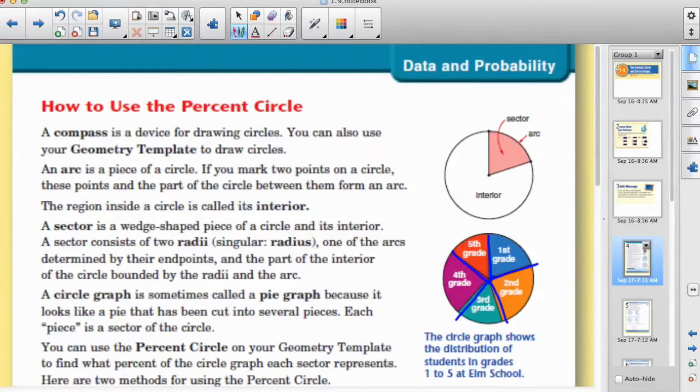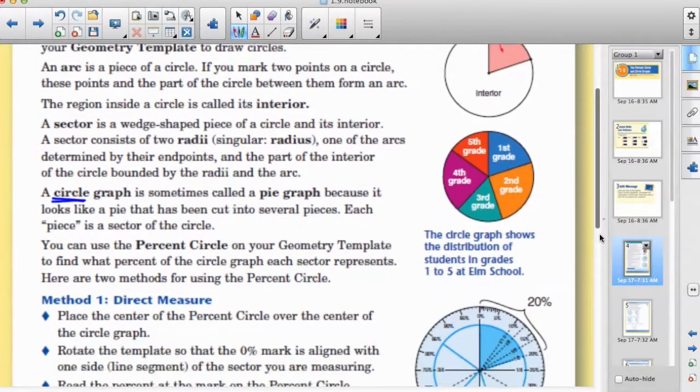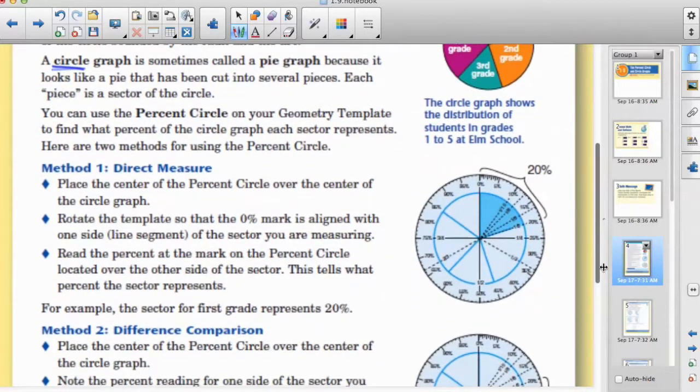When we deal with pie graphs or circle charts, we often use our percent circle, which is on our geometry template, in order to find out what percent of the circle graph each sector represents. So there's really 2 methods for measuring a circle graph using our percent circle.